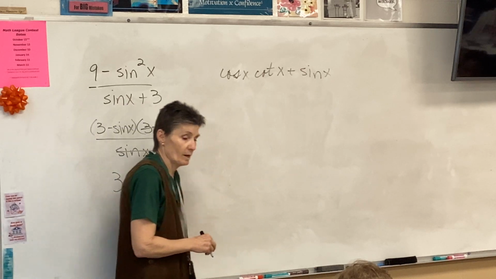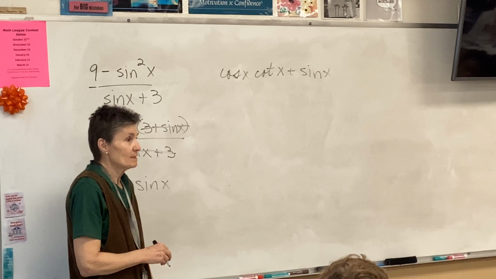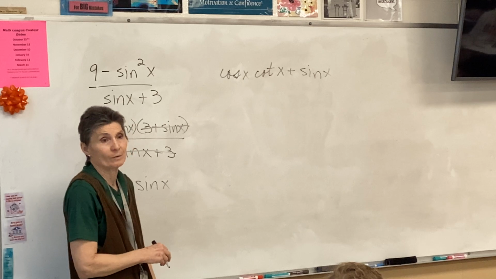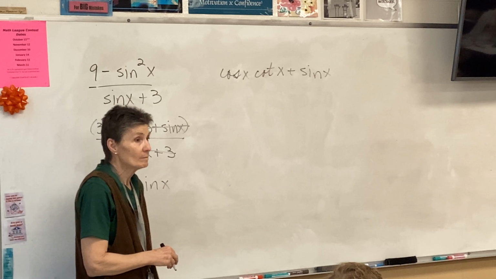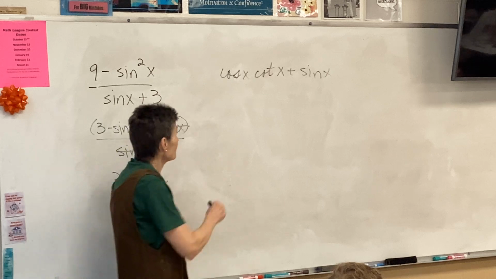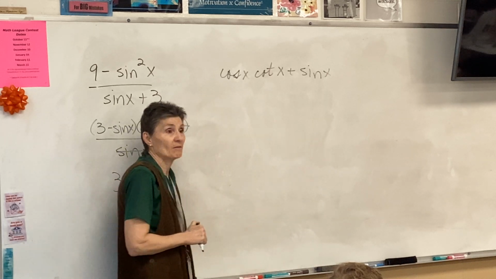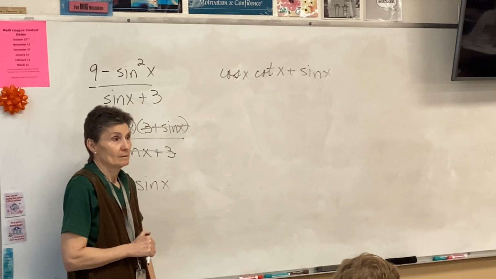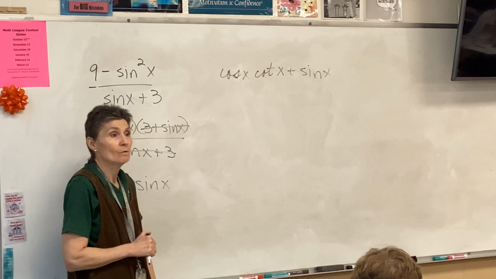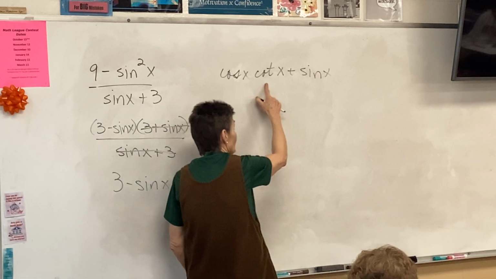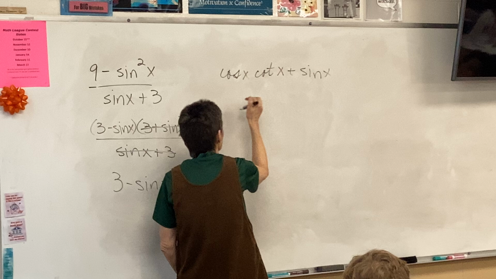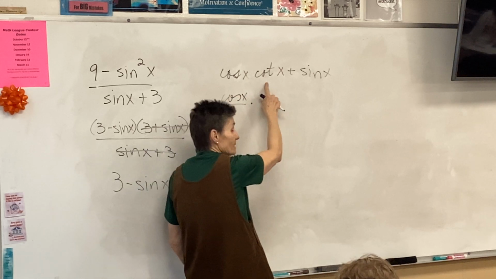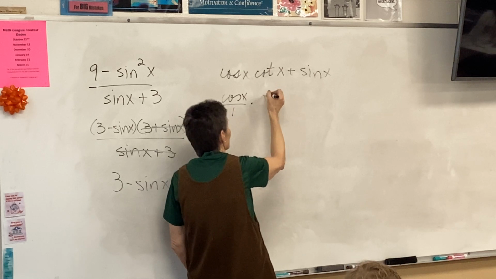What about this one? What pops into your head when you see this as an option? What are some things we might consider doing? Sometimes we factor. We can't factor anything there because nothing matches. What do you think? Oh, we can rewrite this in fraction form, right? So cosine doesn't get changed, but this does. What is cotangent?